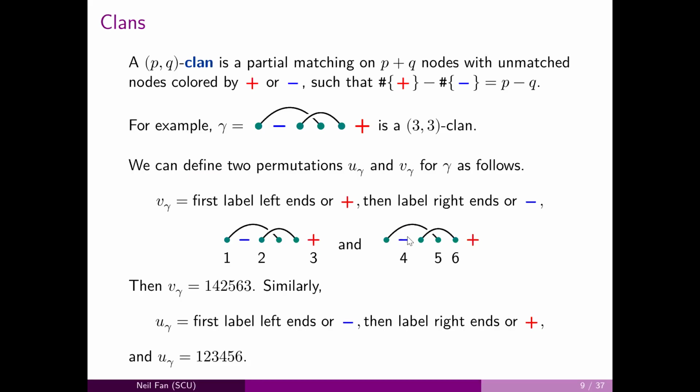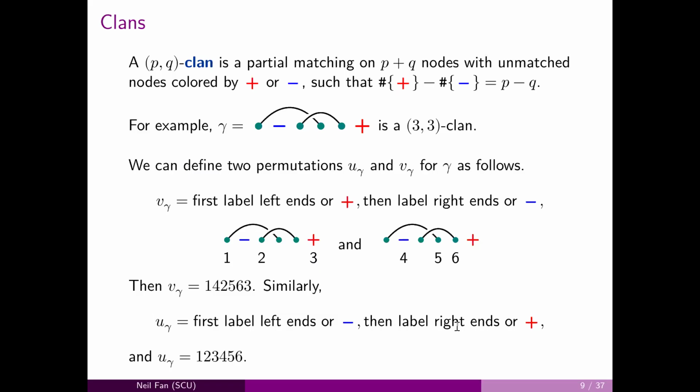So v_gamma is the labeling of the nodes, which is 1, 4, 2, 5, 6, 3. Similarly, we can define u_gamma, just switching the plus signs and the minus signs. So we first label left endpoints and minus signs.